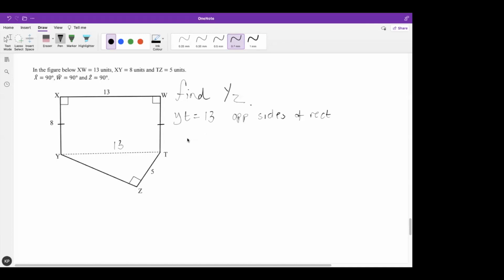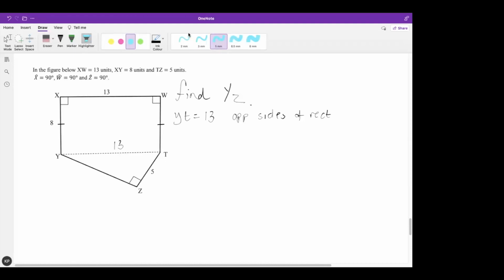So, ma'am, we're gonna then say YZ squared equals to ZT squared plus YT squared. Look carefully, Valisa. Which one is your hypotenuse?